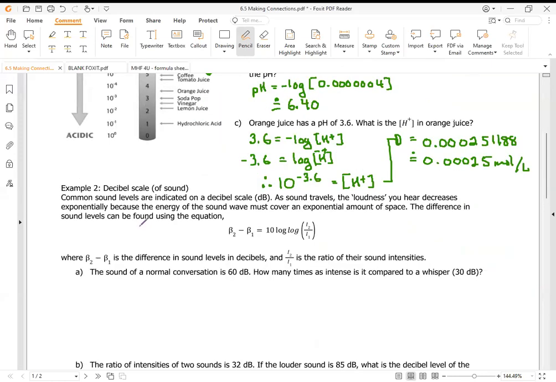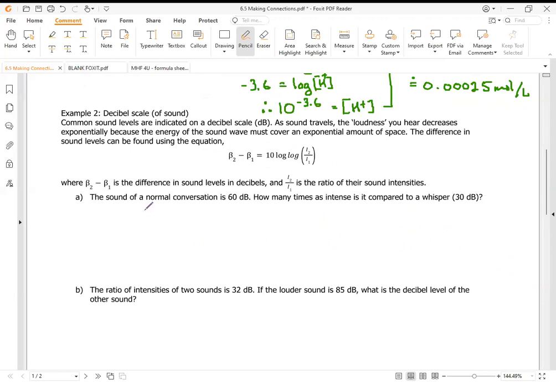Okay, here we go. Common sound levels are indicated in a decibel scale, dB, capital B, lowercase d. Please forgive me, this is actually just a single log. As sound travels, the loudness you hear decreases exponentially because the energy of the sound wave must cover an exponential amount of space.